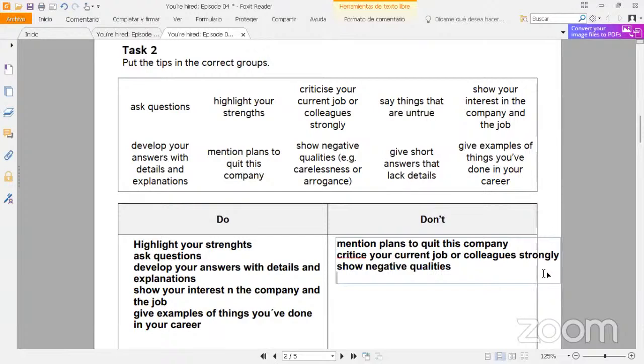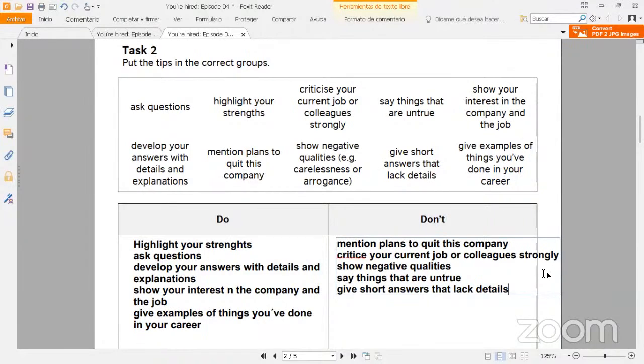Say things that aren't true. Give short answers that lack depth. For example, I close deals all the time. It's easy.